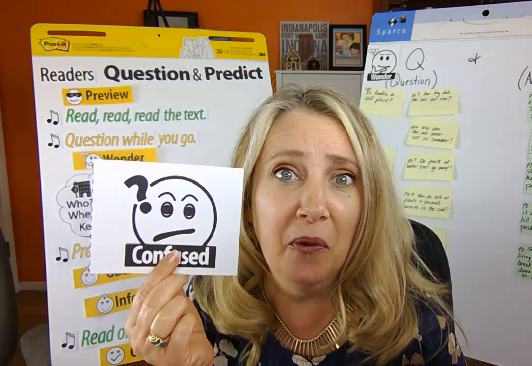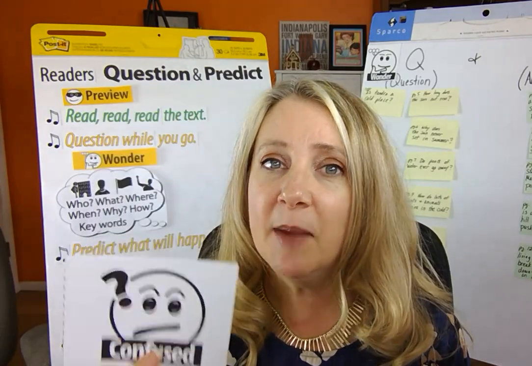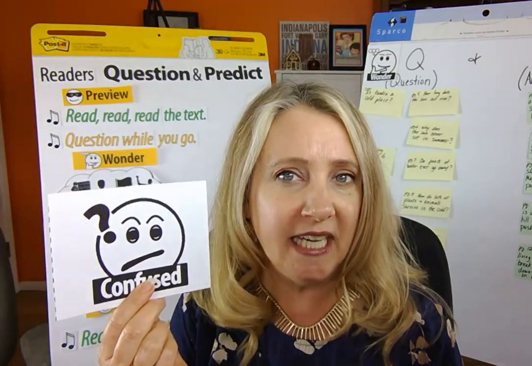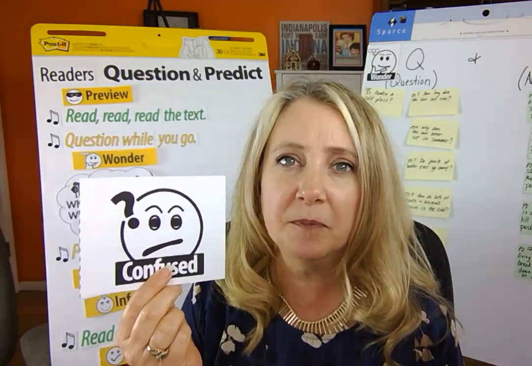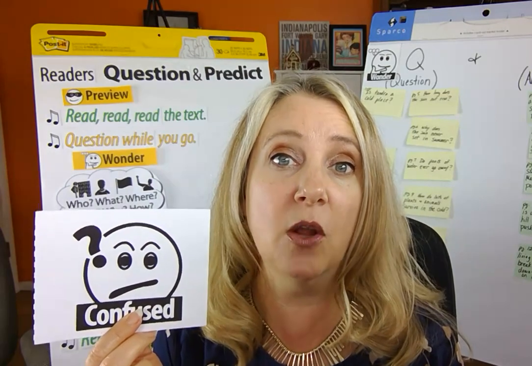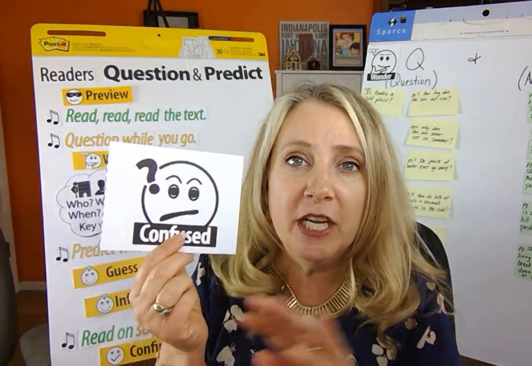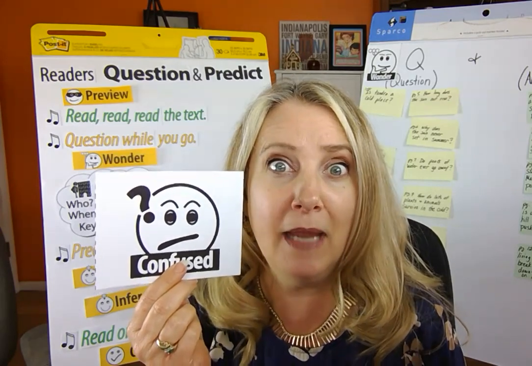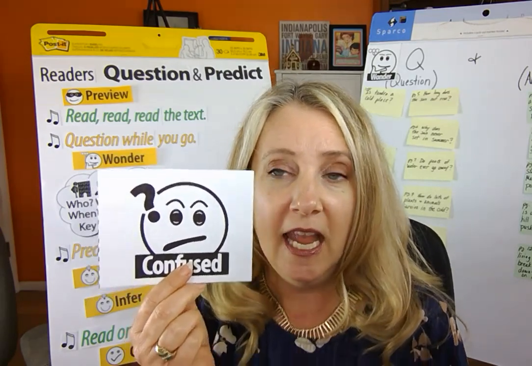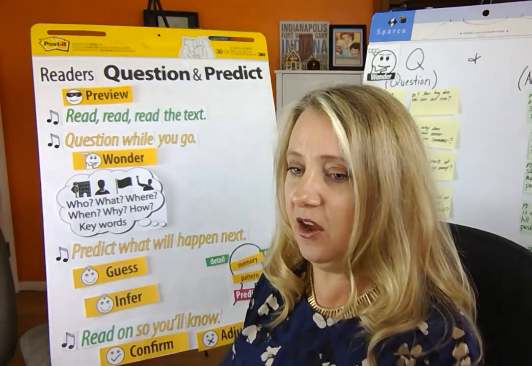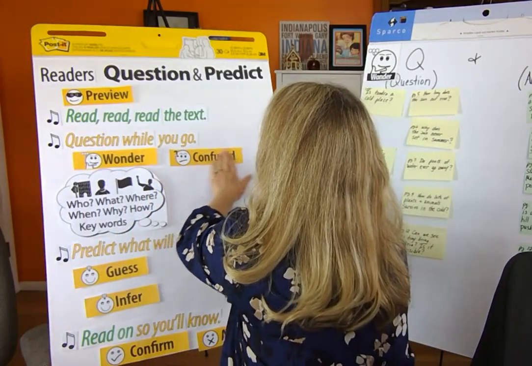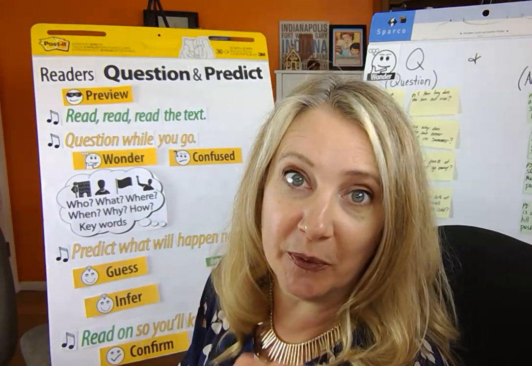We just don't know. A lot of times when I think about this kind of confusion, when I'm reading, especially informational text, it's usually when I come across a word. I read a new word and I'm like, I don't know what that means. I'm kind of confused about it. And so I'm going to add this new icon to our chart over here because it happens during the reading.